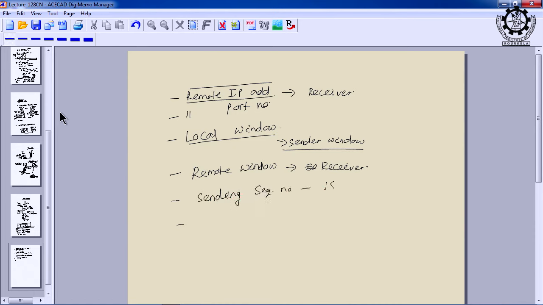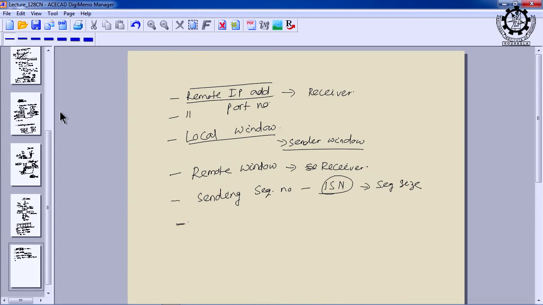Remember that ISN, initial sequence number, and how the sequence numbers are updated with the segment size. So, sending sequence number, what are the sequence numbers that are being sent with every segment. Similarly, the receiving sequence number. What does it carry? Receiving sequence number means it should be the acknowledgement, because acknowledgement also carries a sequence number saying what is the next sequence number expected.